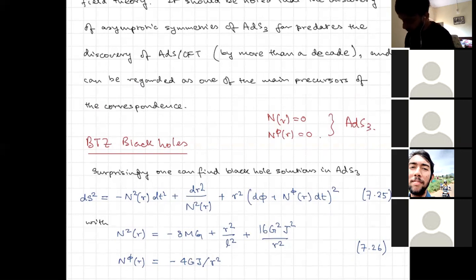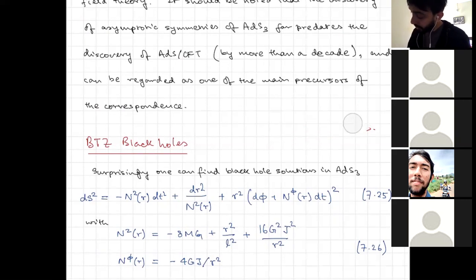No, N of r is not 0, N of r is 1. I'm sorry, what am I doing? N of r is equal to 1. So if you do that, then you're going to find that you reduce to three-dimensional AdS. I think I've written something wrong out here, so let me just correct that. So this is a black hole solution in three-dimensional AdS.